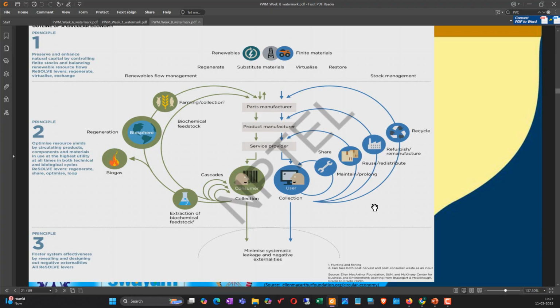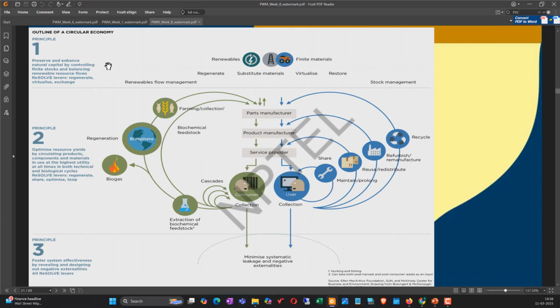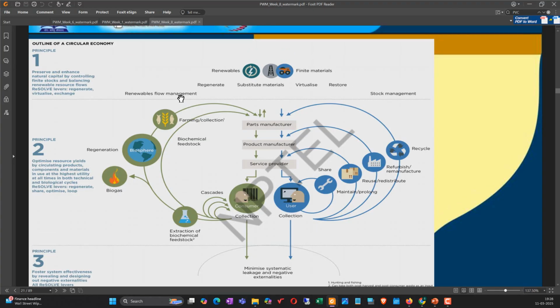So here you see the Ellen MacArthur Foundation's classification for the circular economy, which is very important. This is widely accepted, and you may expect some questions around this. There are one, two, three parts. The first one is the principle. So what is the principle?